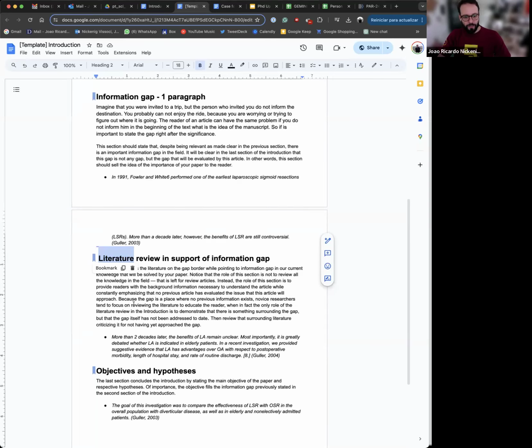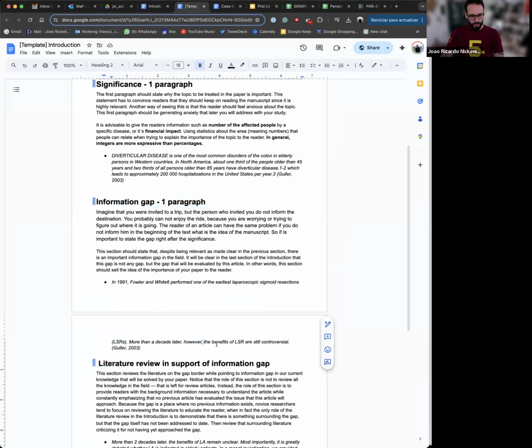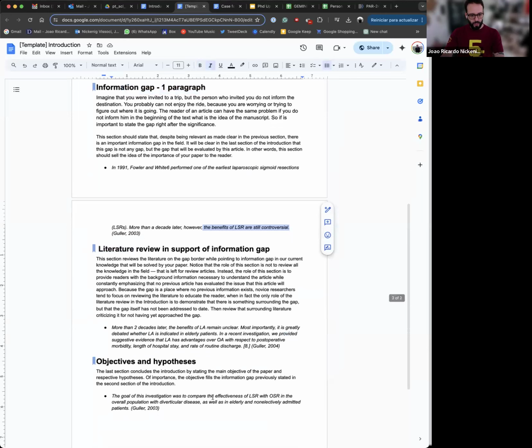And then the objectives should also always be stated as a verb, as an action. The objectives are to, and then do X, Y, and Z. A hint is that the objective and the gap should always have the same structure. So if the gap is that the benefits of LSR, as we're saying here, are controversial, the objective is to investigate the benefits of LSR.